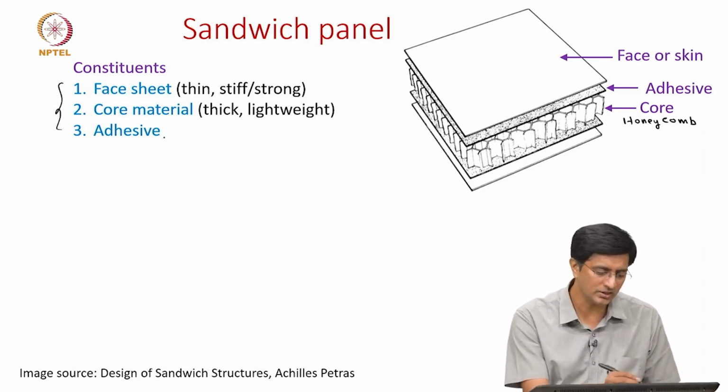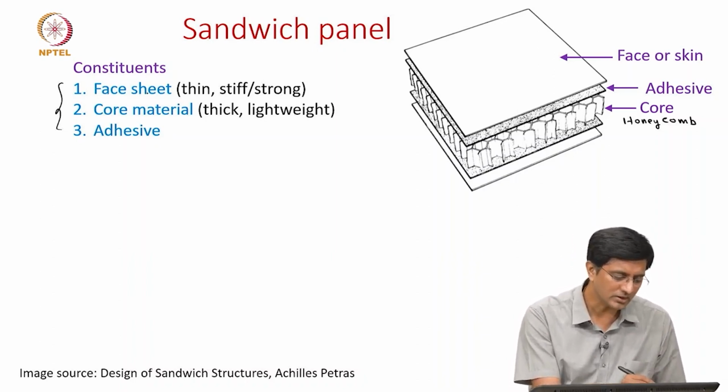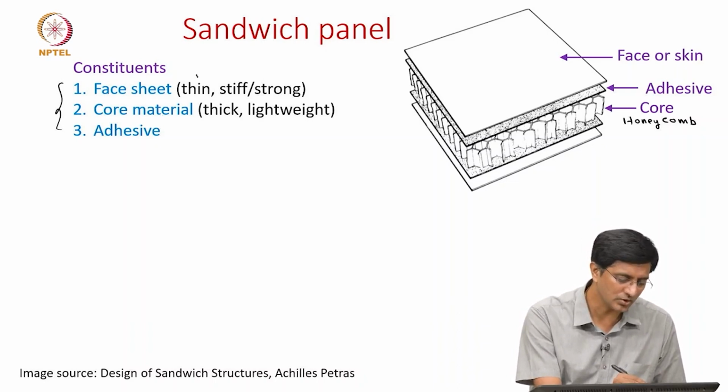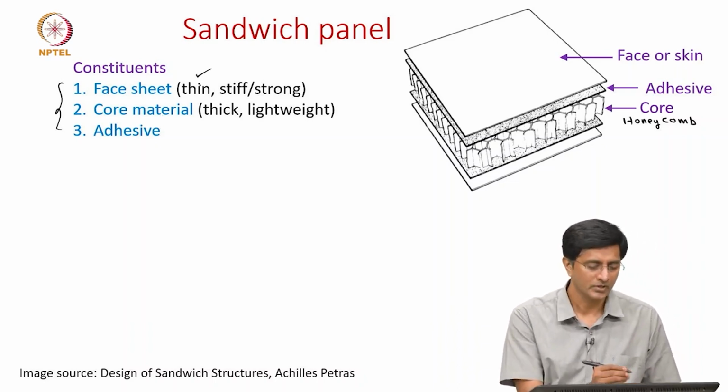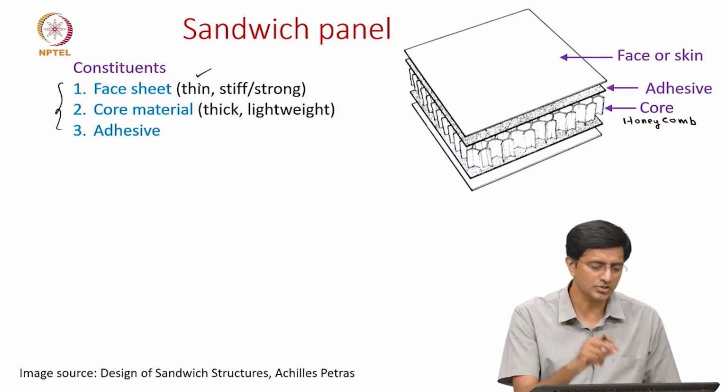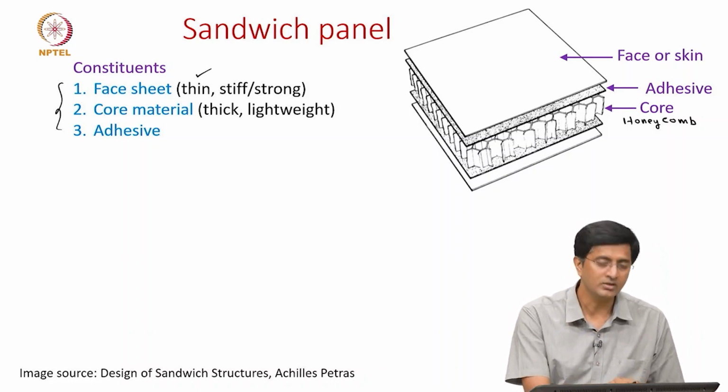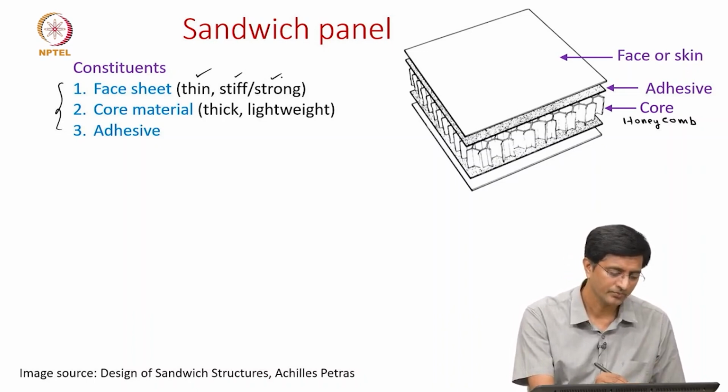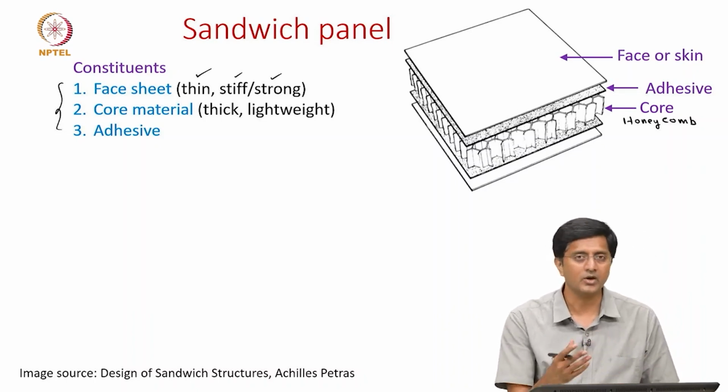But now let's see what is the speciality of the face sheet and the core materials. Face sheets are usually thin compared to the thickness of the core. But we choose materials which are very stiff and strong, like high alloy aluminum or titanium, or even fiber reinforced composites.